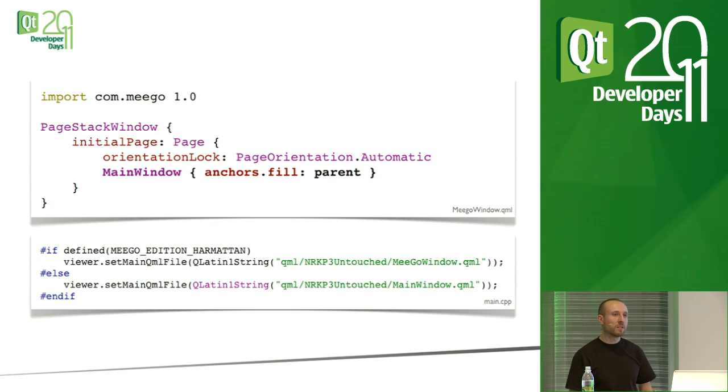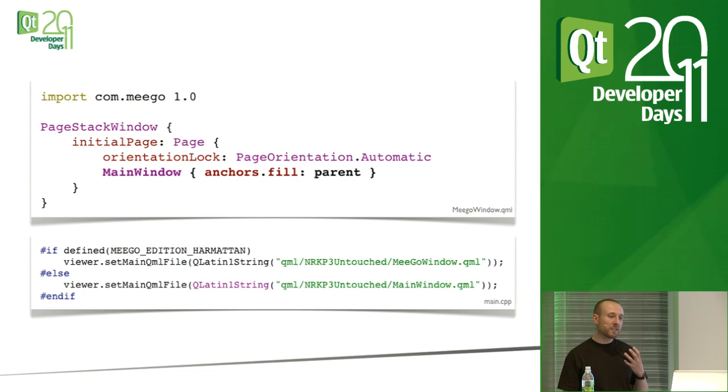This is not the case on MeeGo devices. There you have to actually handle it in your UI code yourself. So they have given you some help by providing what they call the page stack window with the page objects that will take care of this rotation for you.